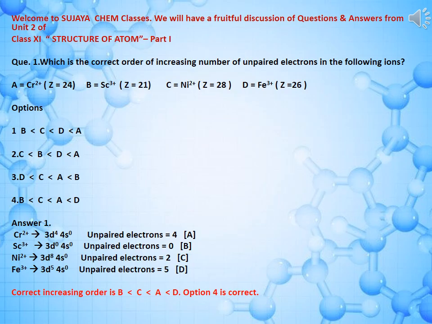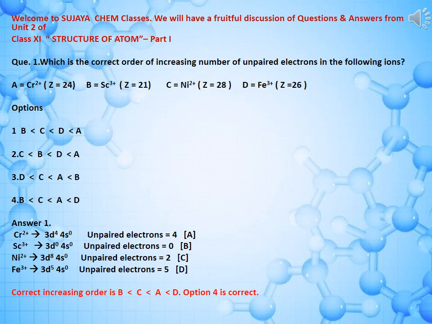So let's get to the answer. Before deciding the number of unpaired electrons, we must have a thorough knowledge of the electronic configuration of these transition metals. For chromium with atomic number 24, its electronic configuration is 3d5 4s1.